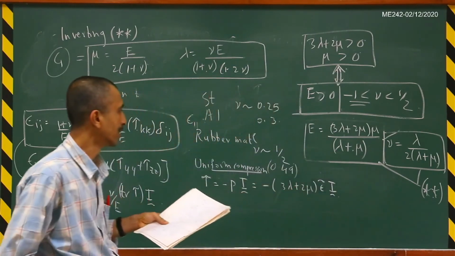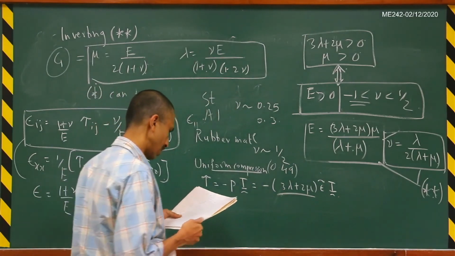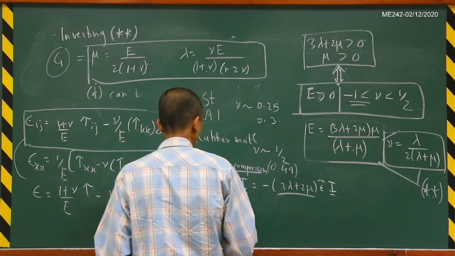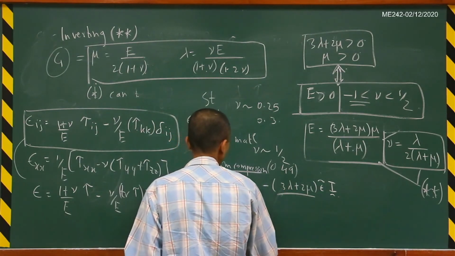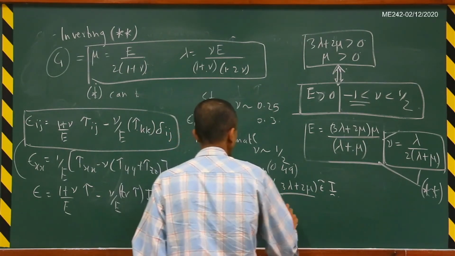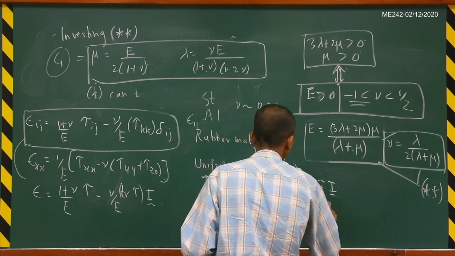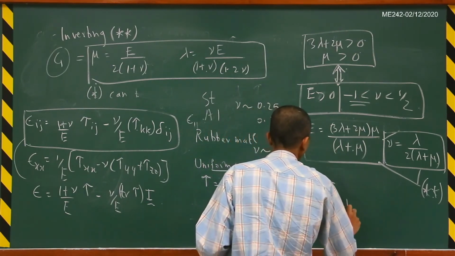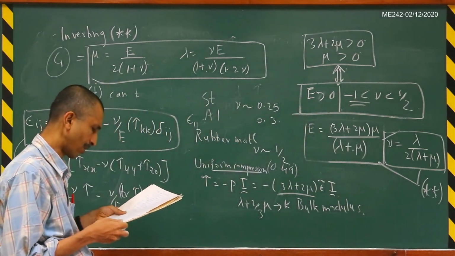And this 3 lambda plus 2 mu, or 1/3 of that, so actually lambda plus 2/3 mu, is called kappa. That is the bulk modulus. That is what we define as the bulk modulus here.